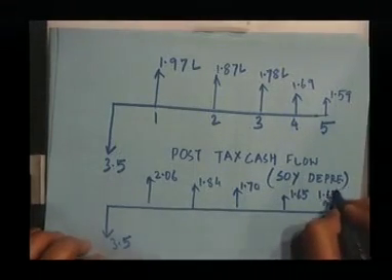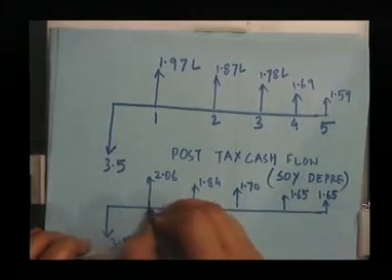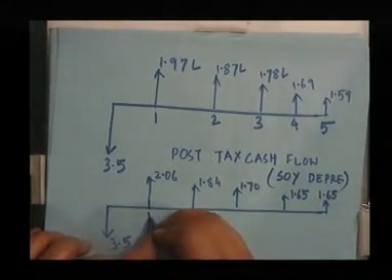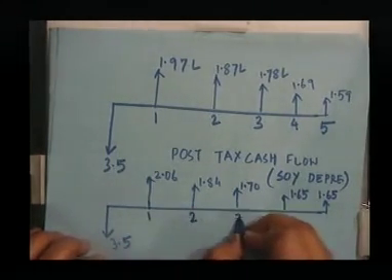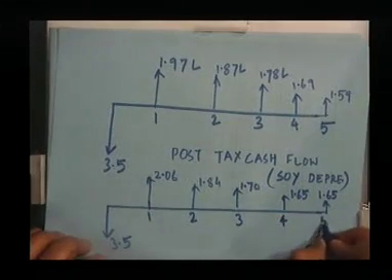So, in years 4 and 5 I am getting the same net income. This is year 1, 2, 3, 4 and 5.